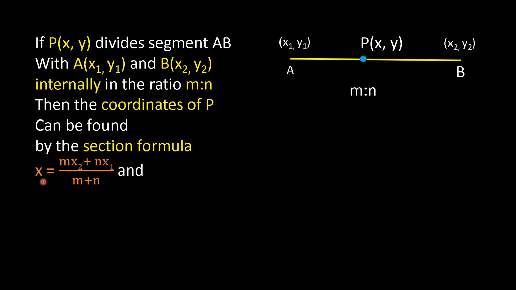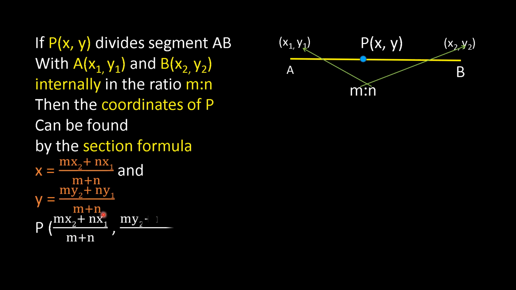The x-coordinate of point P will be (mx2 + nx1) upon (m + n), and its y-coordinate will be (my2 + ny1) upon (m + n).